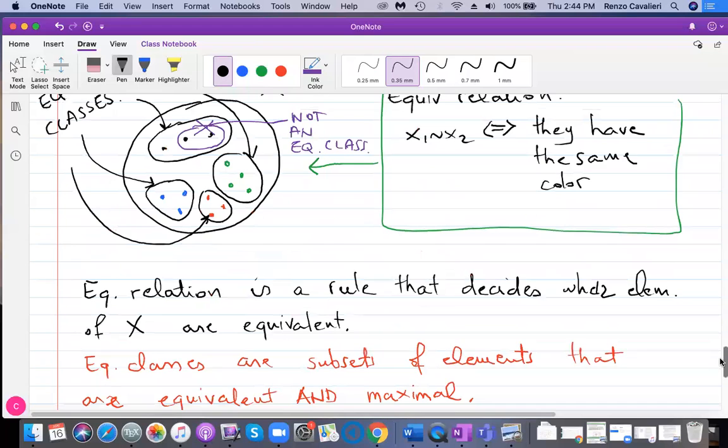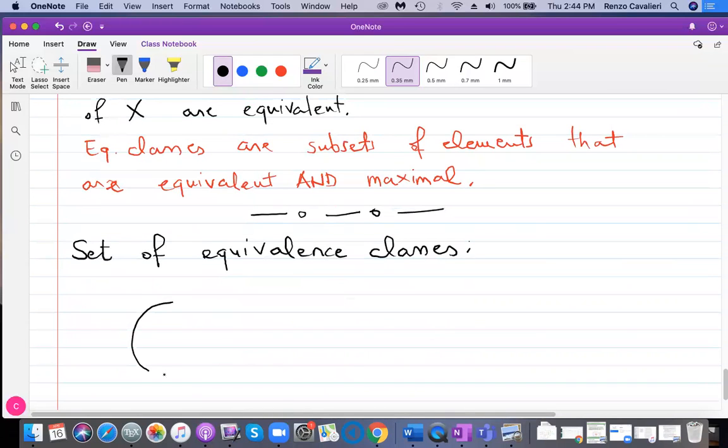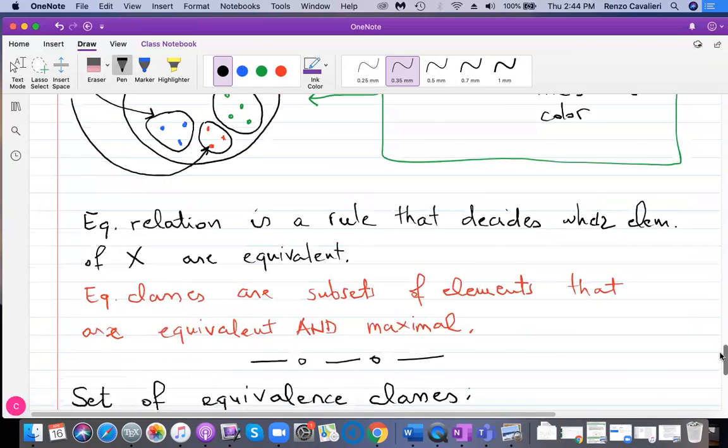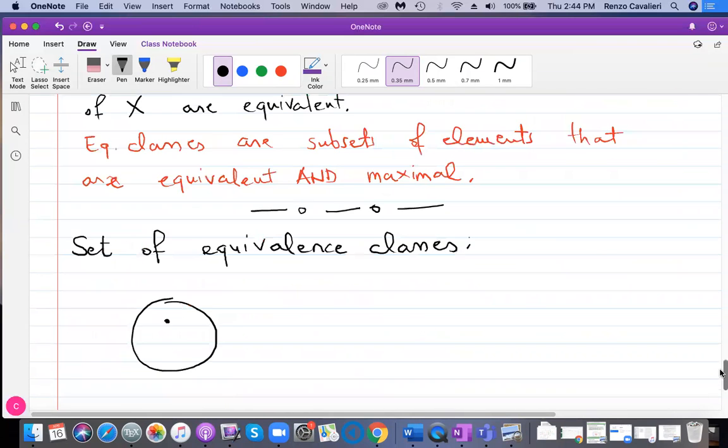Again, in this example, I have one equivalence class consisting of black elements, so I'm going to denote it with a black dot.